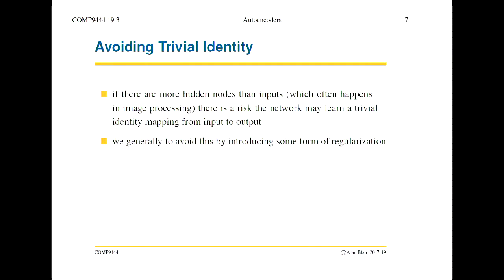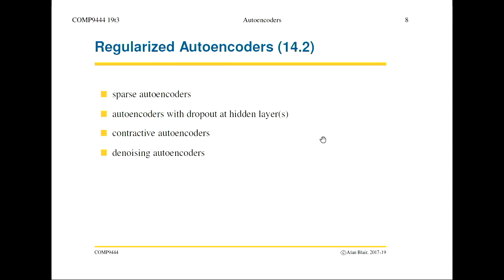So in order to avoid that, we often introduce some form of regularization. And these are discussed in the textbook in section 14.2, so I'll go through some of these. So the sparse autoencoders with dropout at the hidden layers, contractive autoencoders and denoising autoencoders.